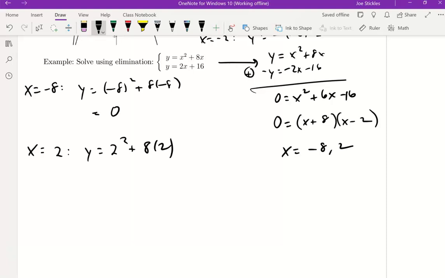You get 2 squared plus 8 times 2. 2 squared is 4. 8 times 2 is 16, so you should get 20. So what are the two solutions here in this case? Good.